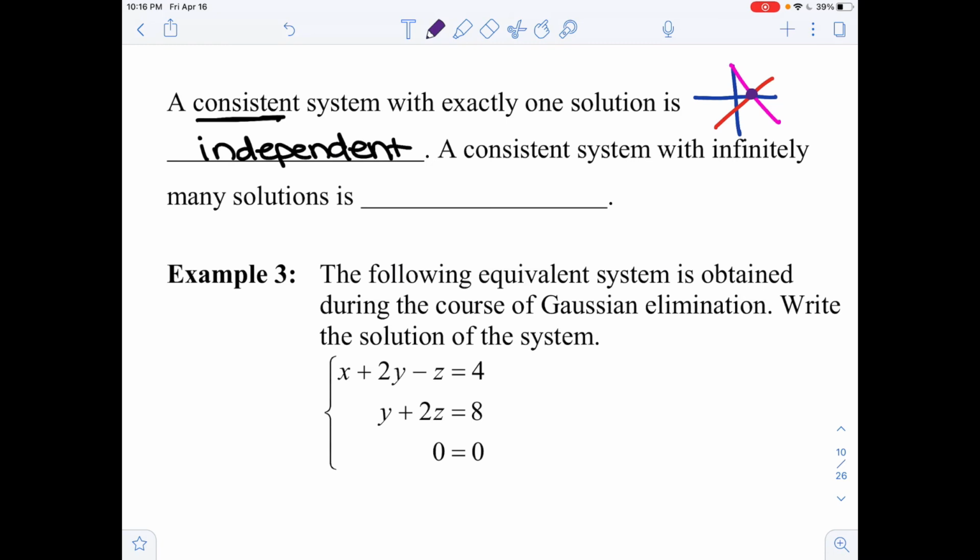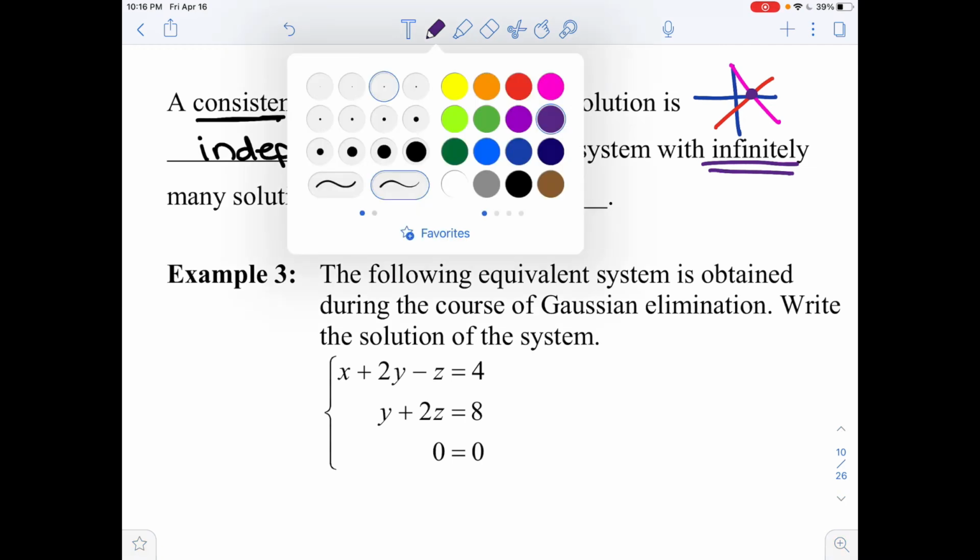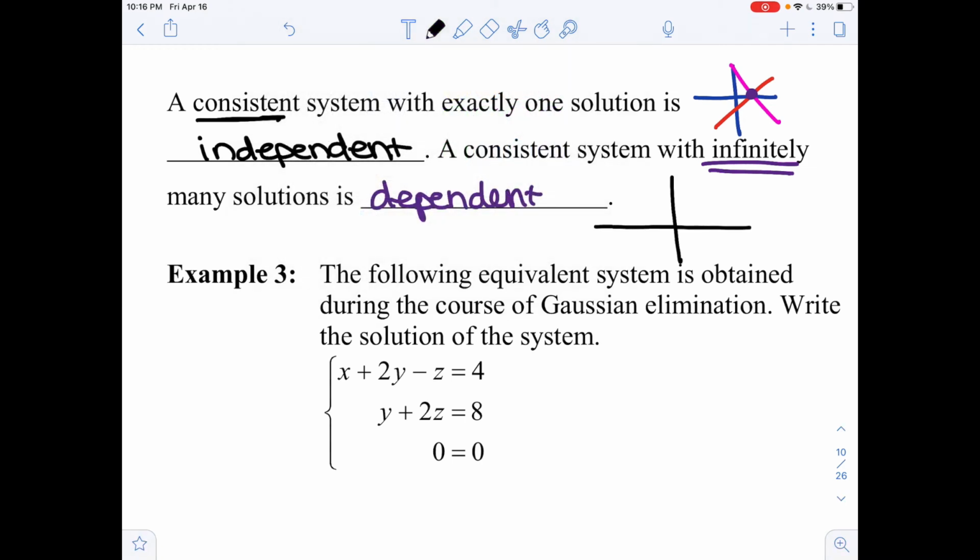A consistent system with infinitely many solutions, we call that dependent. And we call it dependent because in that case, it's 2 lines that literally are exactly the same, like that. So that's what we call a dependent system.